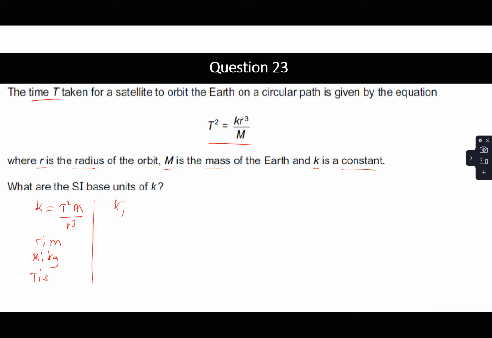The base units of K will be T, which is seconds squared, times M, which is kilograms, divided by R, which is meters, but cubed. So this simplifies to kilogram second squared per meter cubed. Those will be the base units of K. I think that is now very easy. Let's go to question number 24.